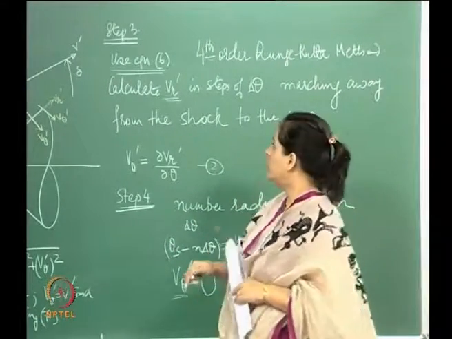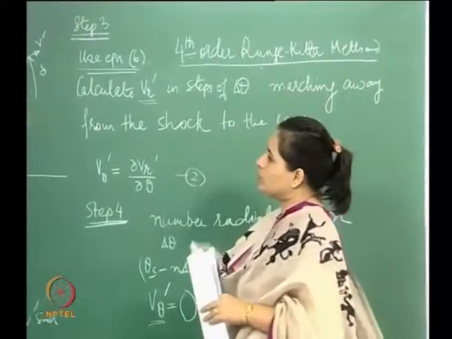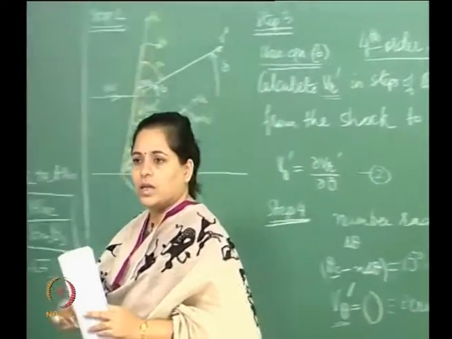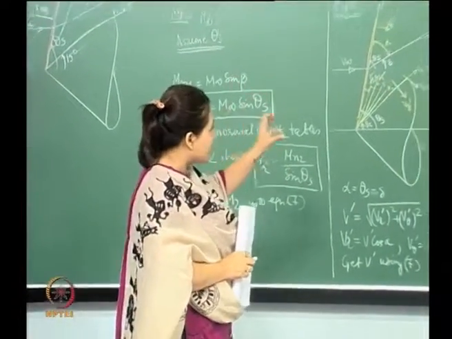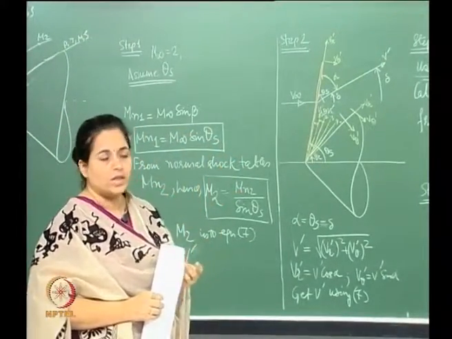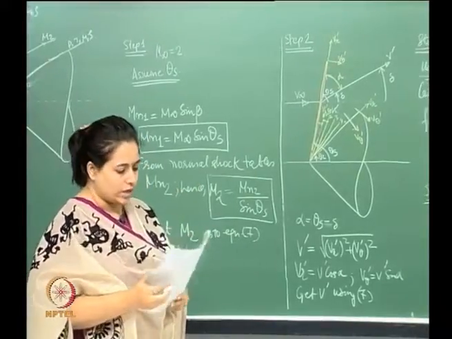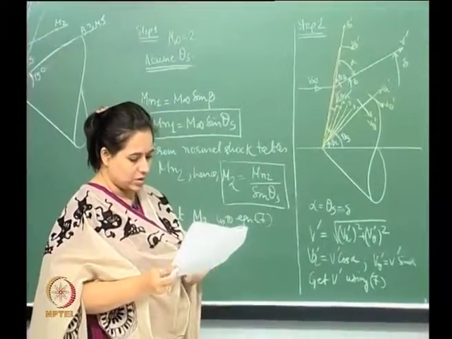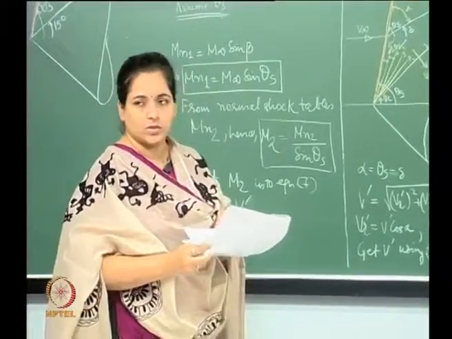In the next lecture we will go over this particular step, where we use the Runge-Kutta method to solve the Taylor-Maccoll equation for V r dash, and hopefully we should be able to complete the solution.